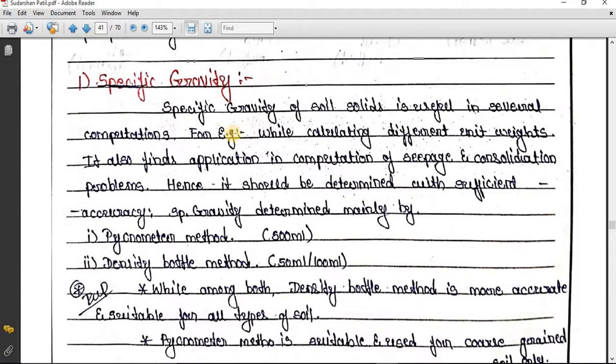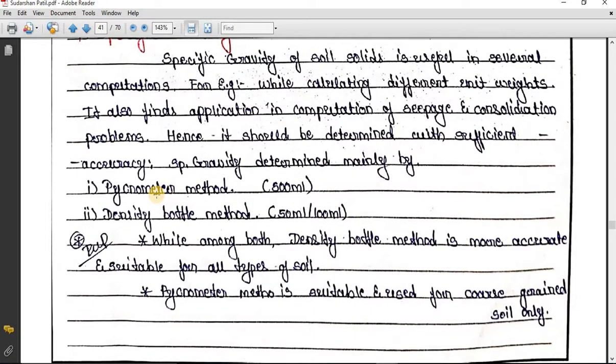Okay, so to determine the specific gravity, mainly there are two methods, that is pycnometer method and another one is density bottle method. Among both, the density bottle method is more accurate and suitable for all types of soil, pycnometer method is suitable and used for coarse grained soil only.